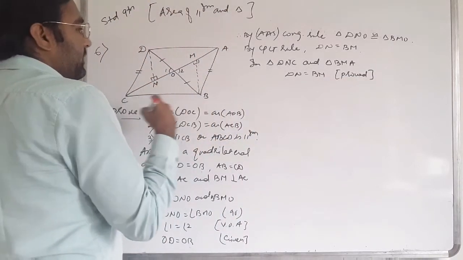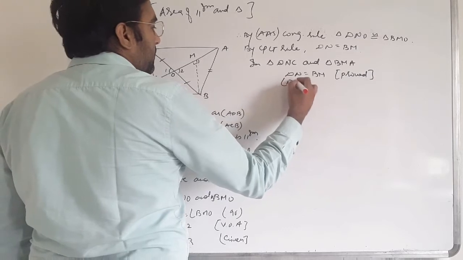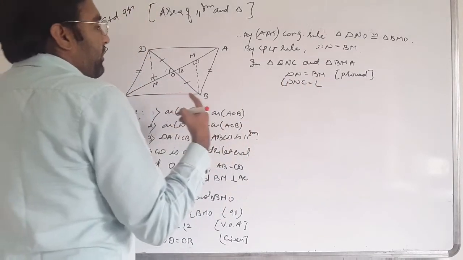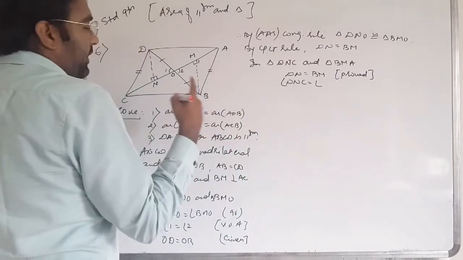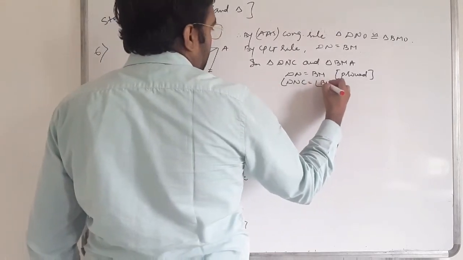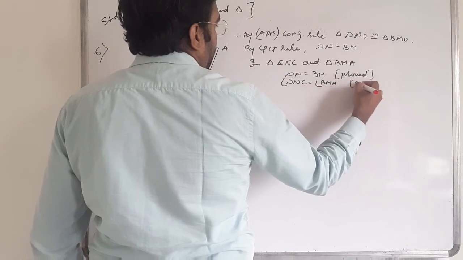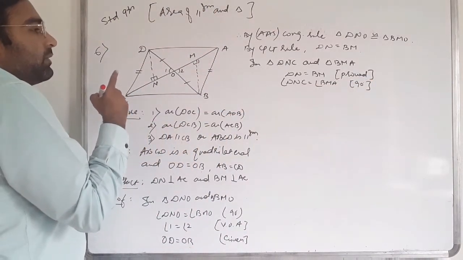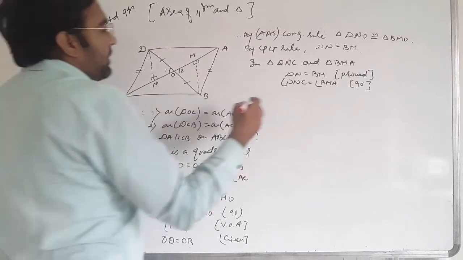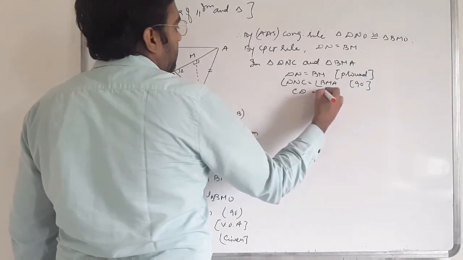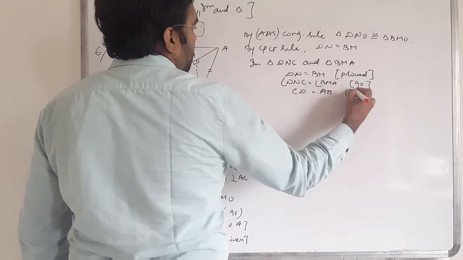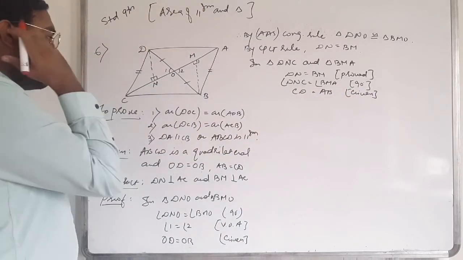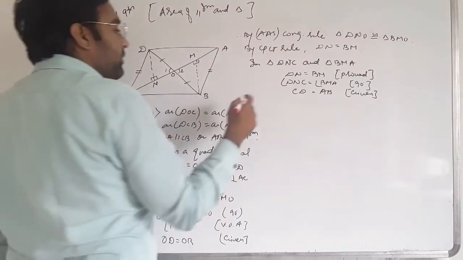Angle DNC is equal to angle BMA, that are 90 degrees, and CD is equal to AB, that is given.